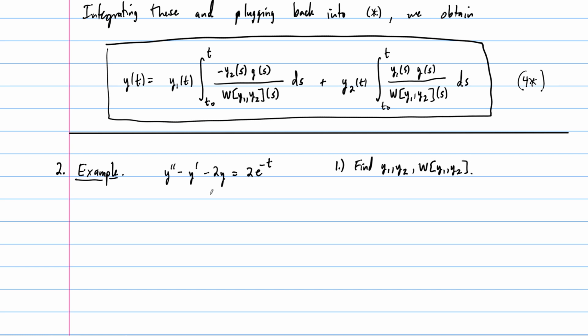I mean, we know how to solve those, but we need to compute the Wronskian as well. So we're going to need that as part of our solution. So find those. And then step 2 is going to be to plug into this equation 4 star to find the general solution of the non-homogeneous equation. So why don't you guys take a moment to work on that one on your own, and then when you come back, we'll do it together.